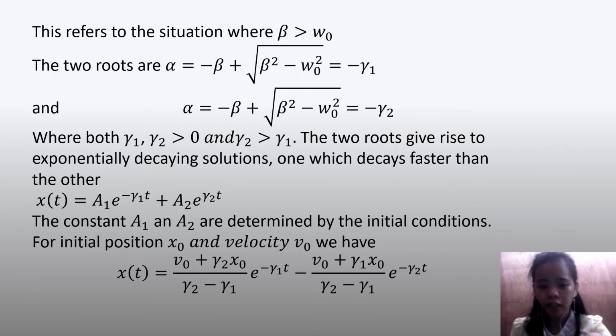We have x(t) equal to (v0 + λ2 x0) over (λ2 minus λ1) multiplied by e^(-λ1 t), minus (v0 + λ1 x0) over (λ2 minus λ1) multiplied by e^(-λ2 t).